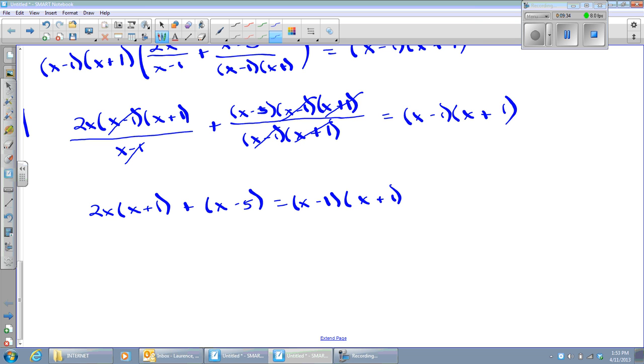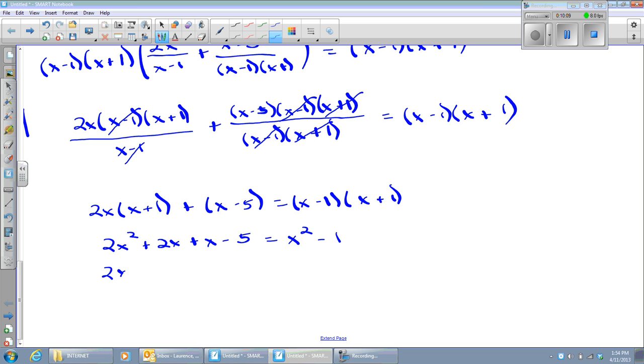Okay, at this point I'm going to distribute the 2x and I'm going to FOIL the x minus 1 and the x plus 1. So I can start combining like terms. So here we have a 2x squared plus 2x plus x minus 5. And on this side we have x squared minus 1. We have to combine like terms.